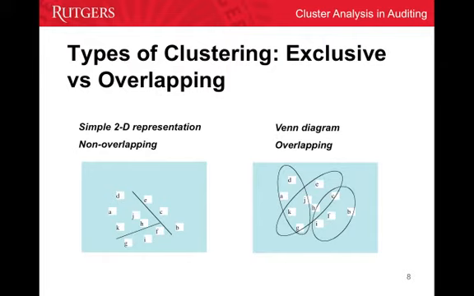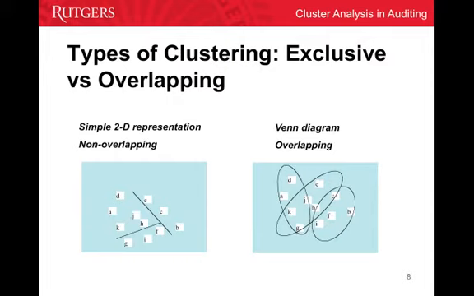The first is exclusive and overlapping clustering. In exclusive clustering, each object is assigned to a single cluster. Like here, there are three clusters, and each object belongs to one cluster or not.